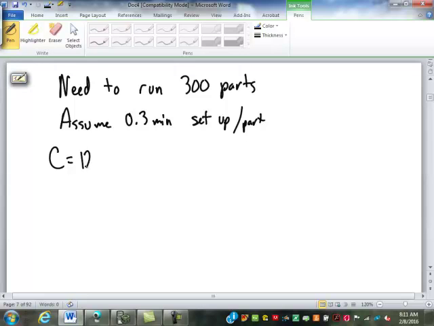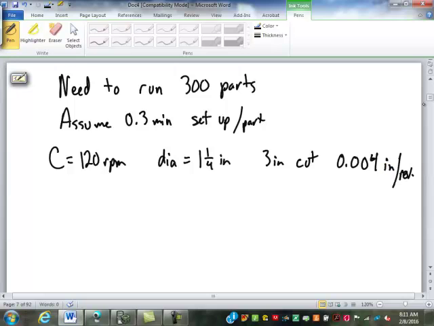Surface cutting speed for this material, 120 feet per minute. We're going to have a diameter of one and a quarter inches. Each part has a 3-inch cut. And a 0.004 of an inch per revolution feed rate. How long is it going to take to run this set of parts?